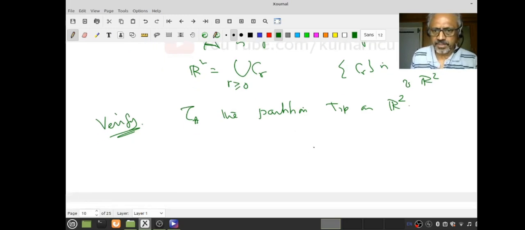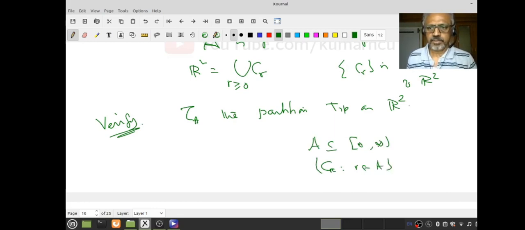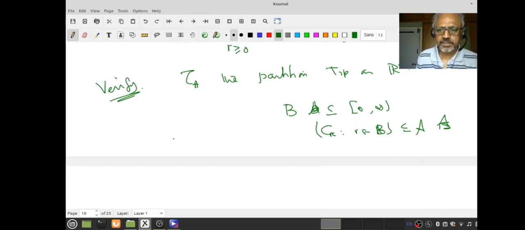That is, let A be a subset of [0, infinity), then look at C_r, r in A. This is an arbitrary subcollection. Maybe I should not use A, let me call it B. So this collection is a subcollection of script A, and therefore the union of C_r, r in B, should be in tau A. Are you following that?